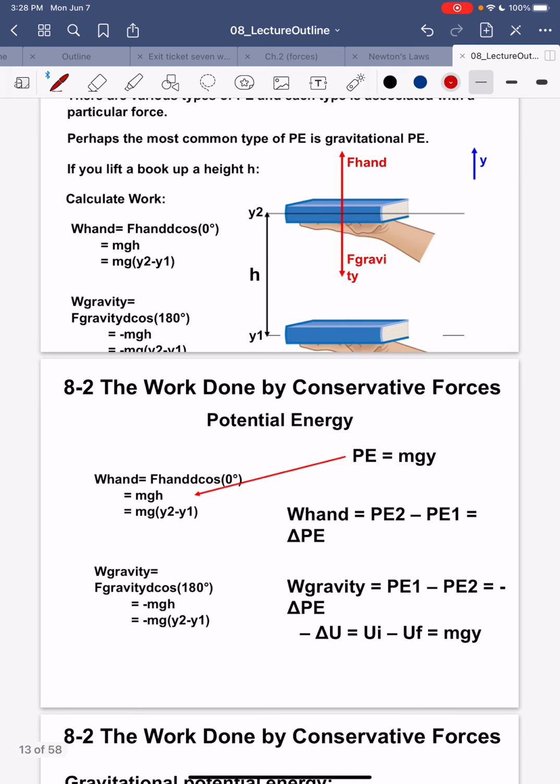Again, the work done by gravity is potential energy 1 minus potential energy 2, which is the negative of the change in the potential energy. So the work done by gravity is negative delta UG.